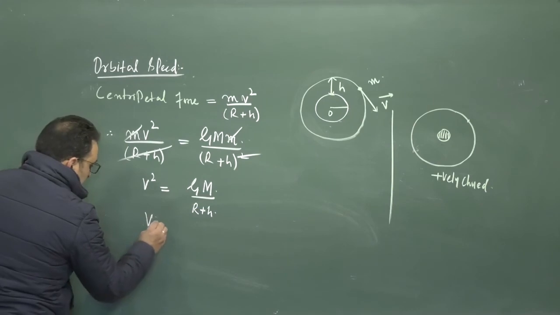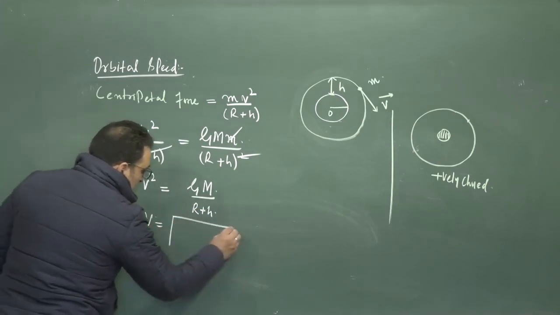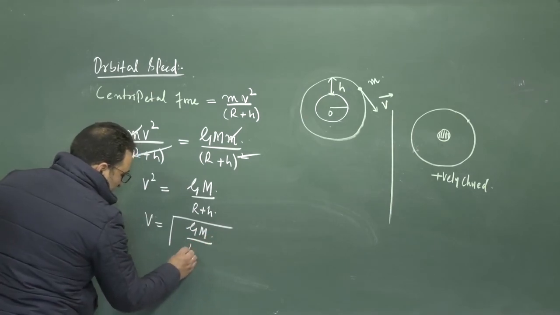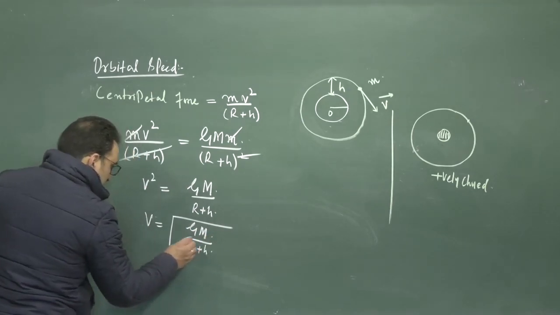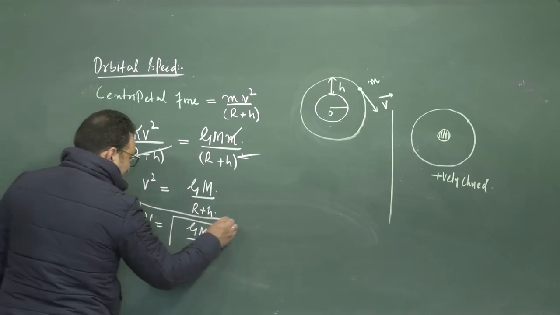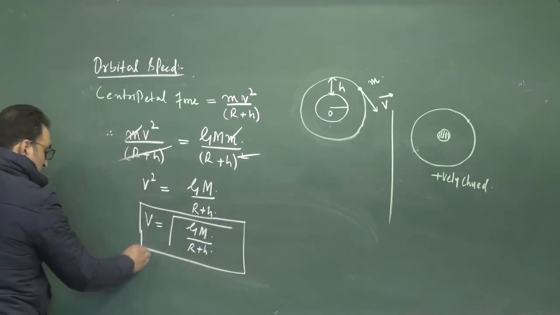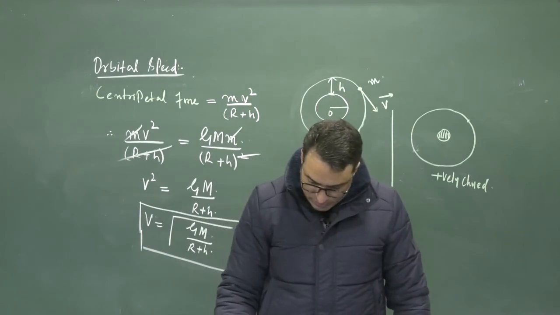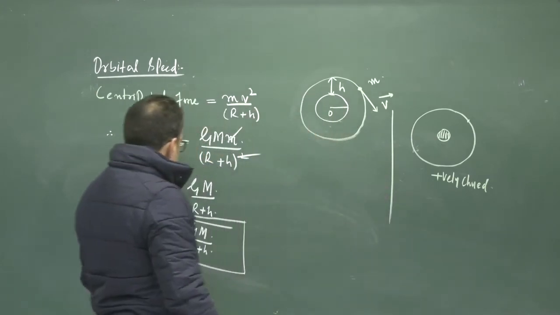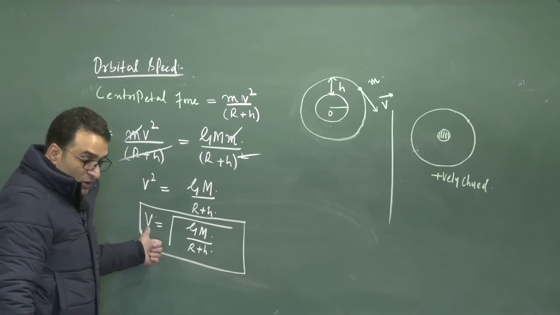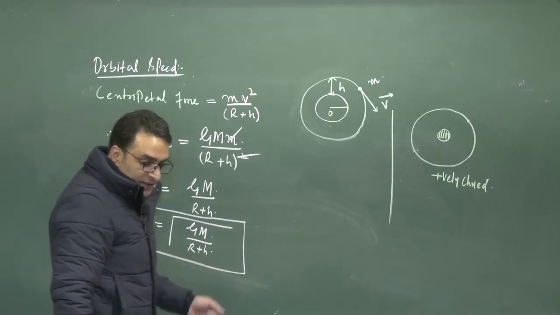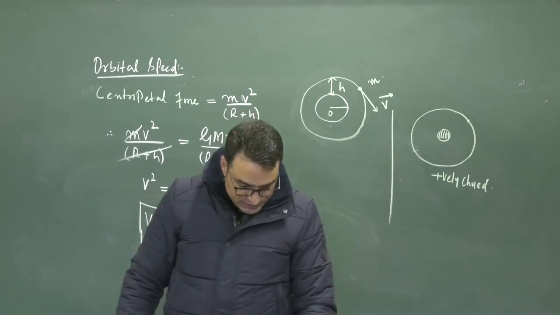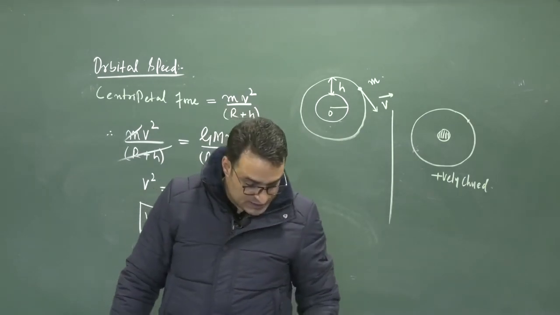Or we can write this as v equals under root of GM divided by (R plus h), which is the expression for the orbital speed. This equation gives the orbital speed of a satellite of mass small m revolving around the Earth in a circular orbit of radius r.